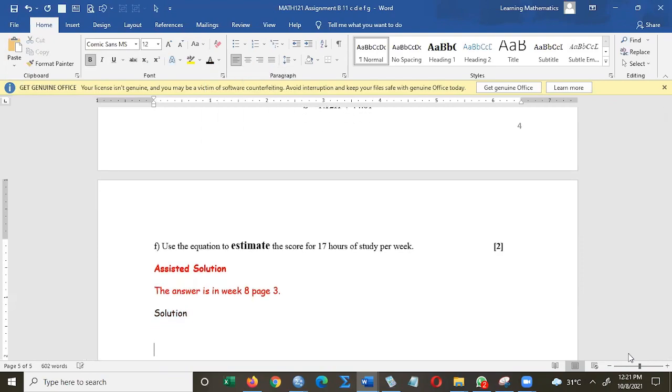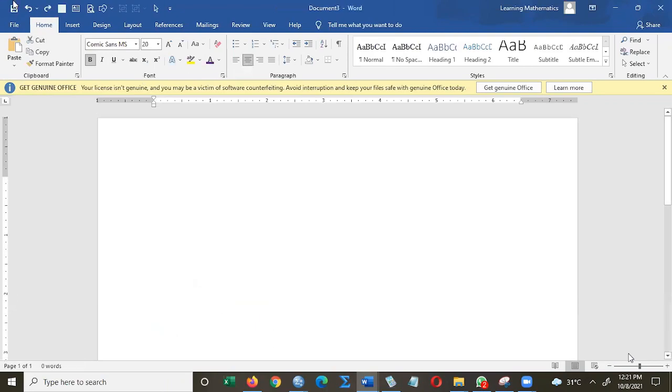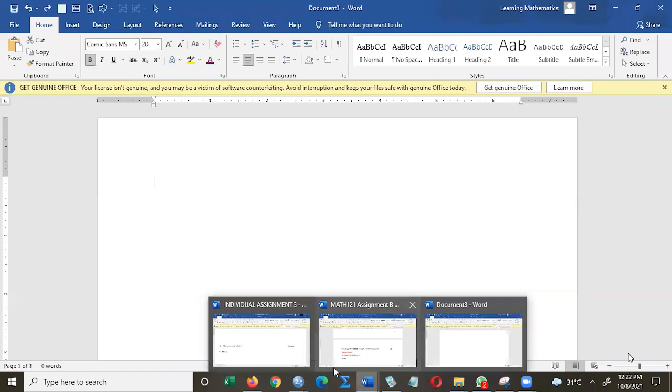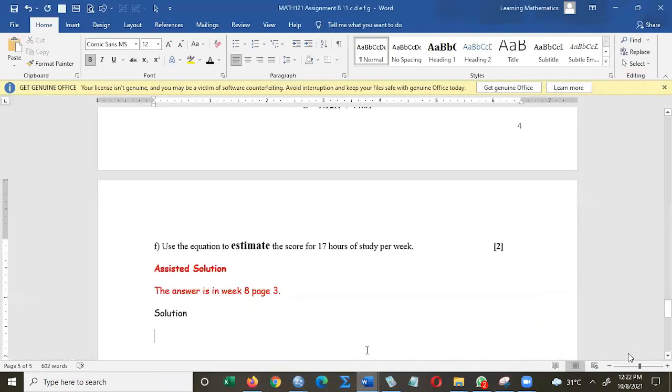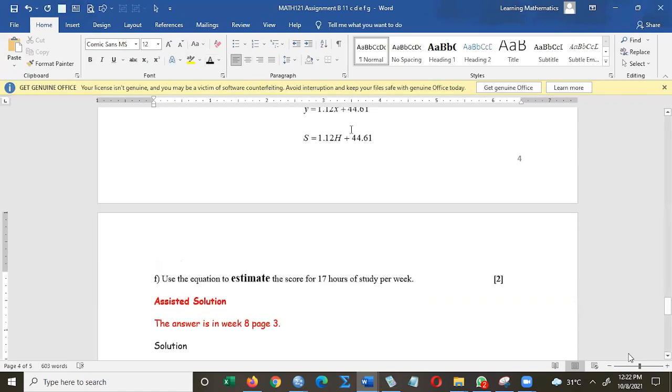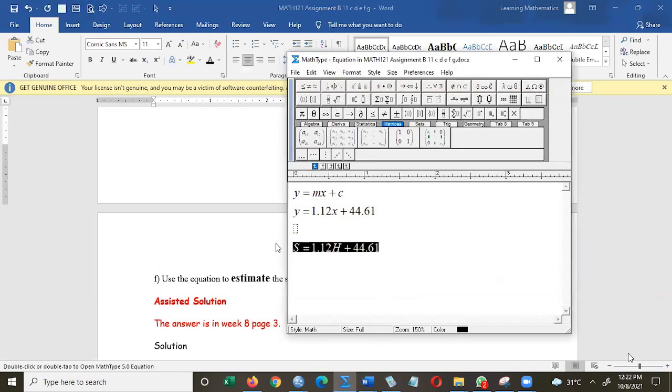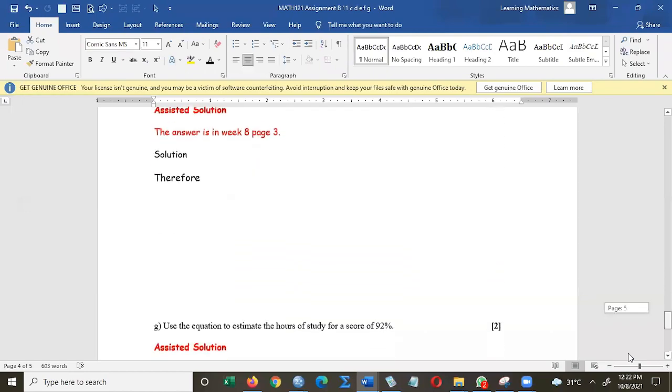So our solution for this example is what you do for the assignment question. You have your equation already. You can write your therefore: we know that S is equal to 1.12 H plus 44.61.